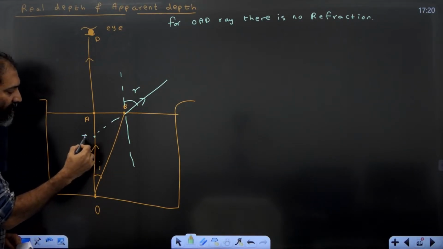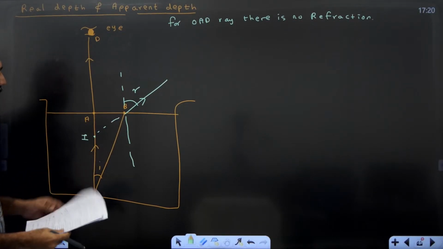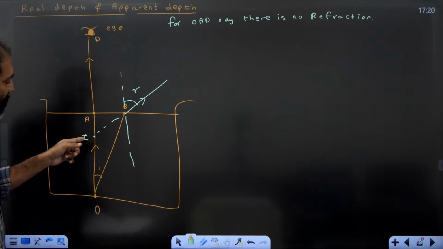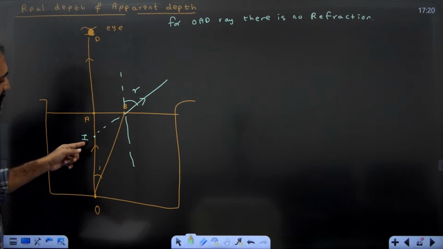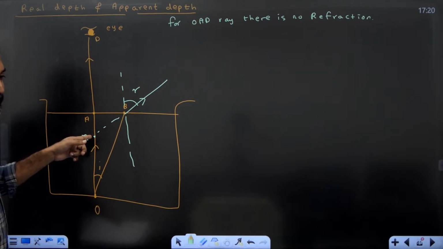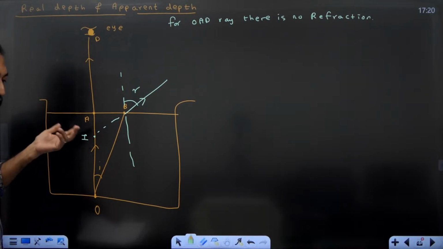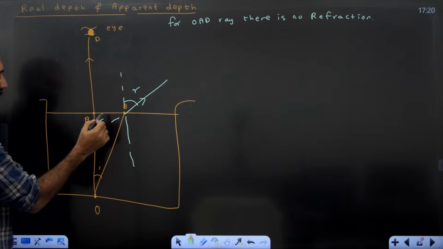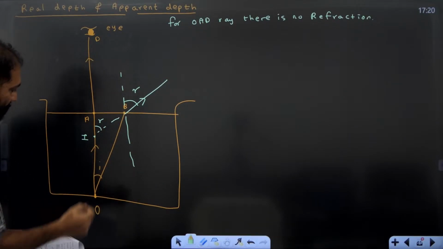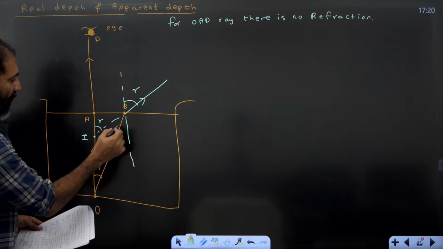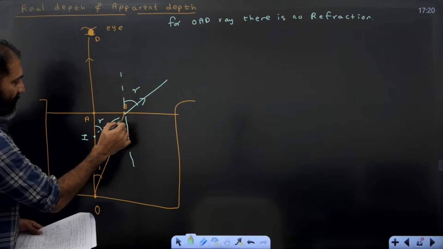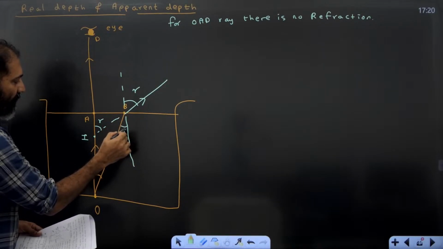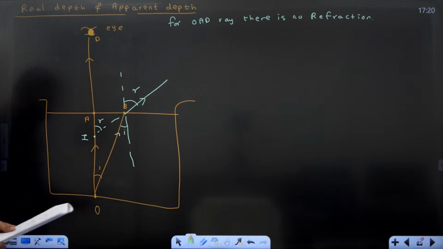This backward projected ray meets the original ray at this point, so you can expect an image there. This is the apparent object or image. If this is angle R, this is also angle R. This is angle I, and this is also angle I, the angle of incidence.